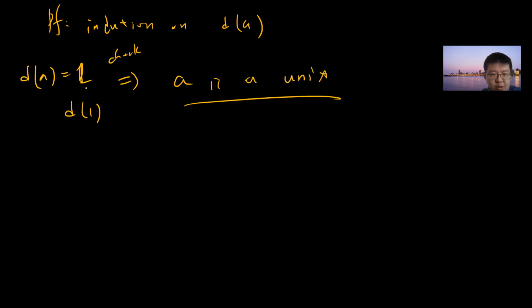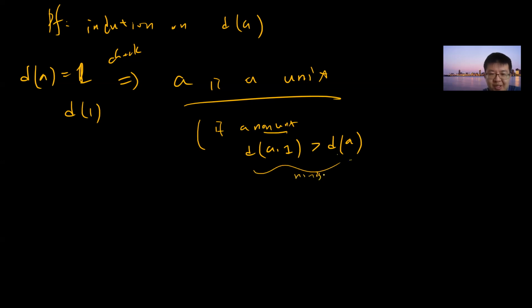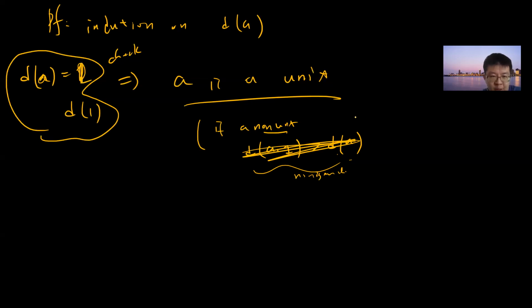Because we already proved that if A is non-unit, then D of A times 1 must be greater than D of 1. Sorry, so what I'm writing is that I claim that if D of A is D of 1, then A is a unit.